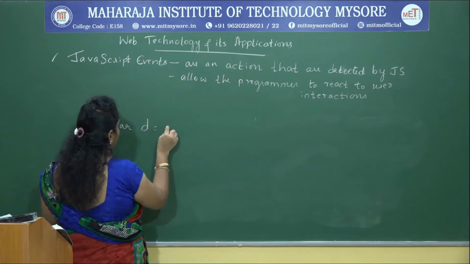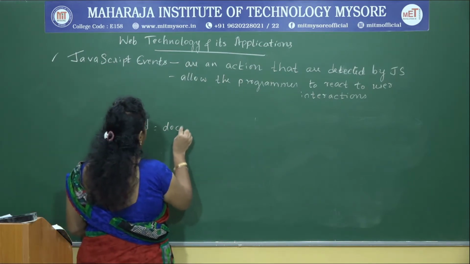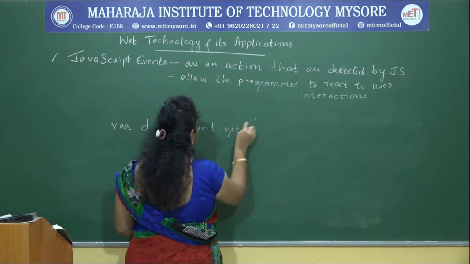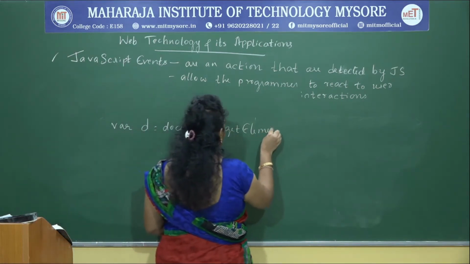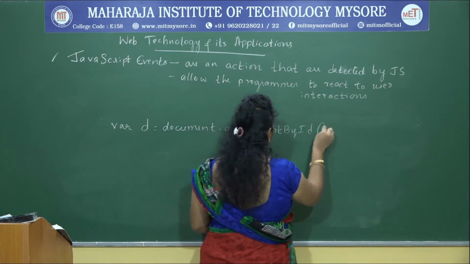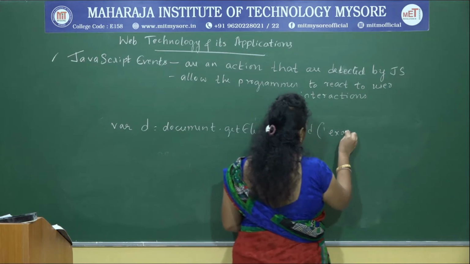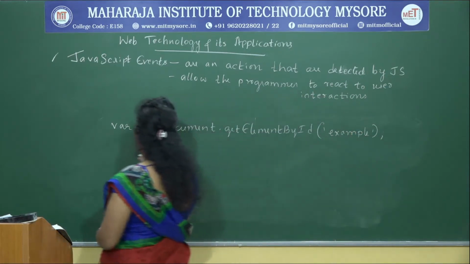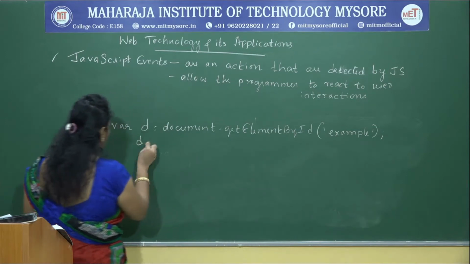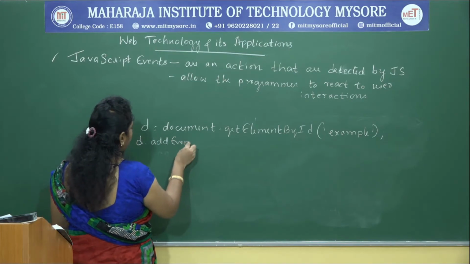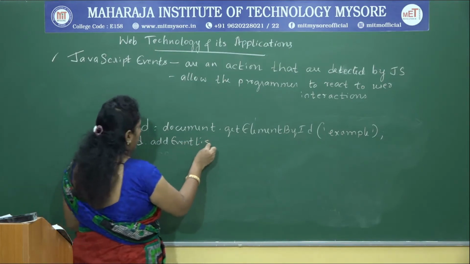D equals document dot getElementById. The ID I am passing is example. Then D dot addEventListener.